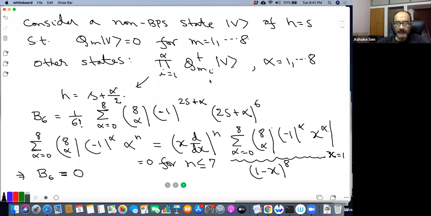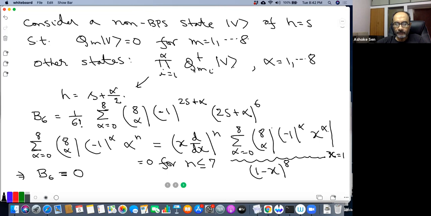Exactly, yeah. Because starting with any non-BPS state, you can keep applying the QMs first till it's annihilated by all the QMs. You declare that as V, and then you start building the state from there by acting with Q daggers.